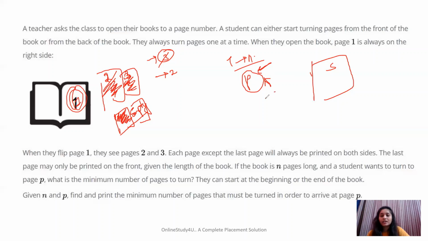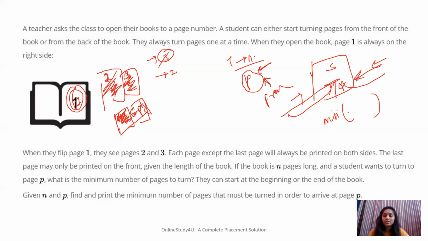I can either start from the front or from the back. From both these scenarios, we need to return the minimum number of turns.